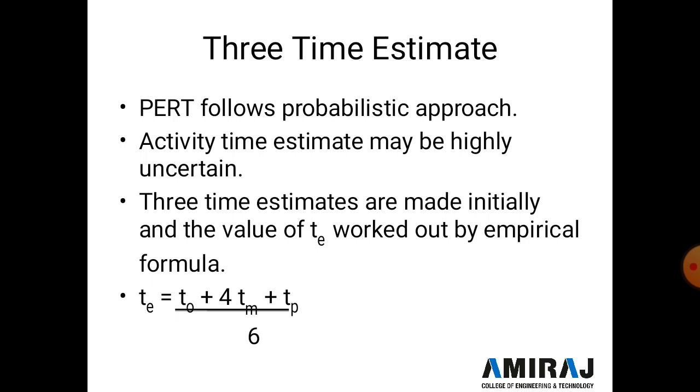From the examples you get a very good idea about the CPM network and PERT network. Also, one important question asked in the G2 examination: write the difference between the CPM and PERT network. Clear? Thank you.